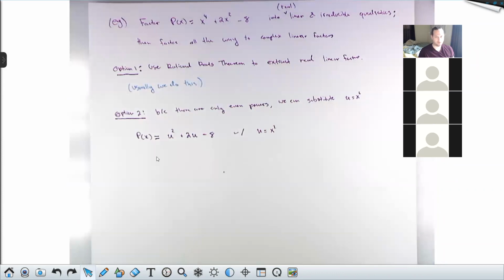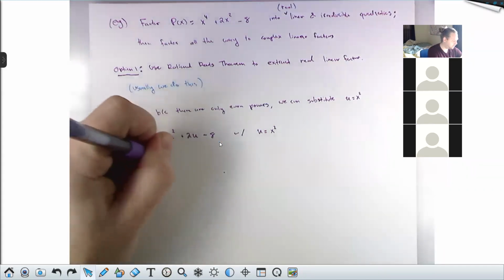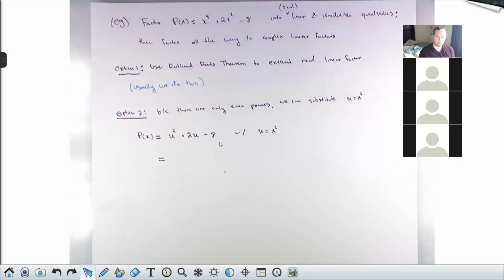Okay. So if I just handed you this thing on its own and said factor, what would you do? We look for two numbers that multiply to -8 and add up to +2, right? Do two such numbers exist? How does this factor? u minus 2 and u plus 4.